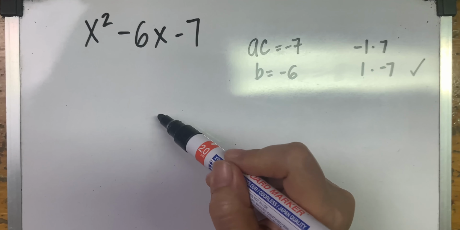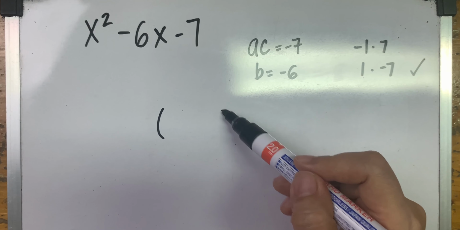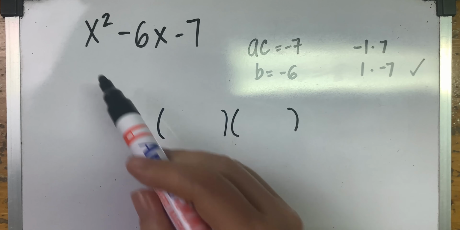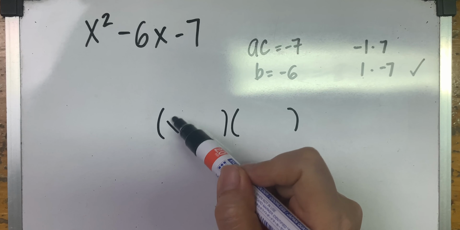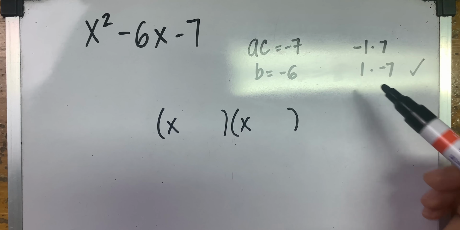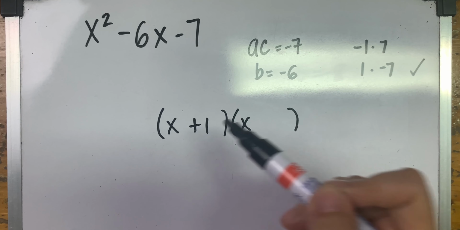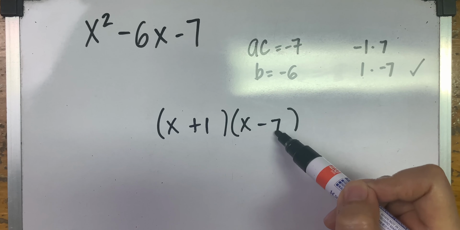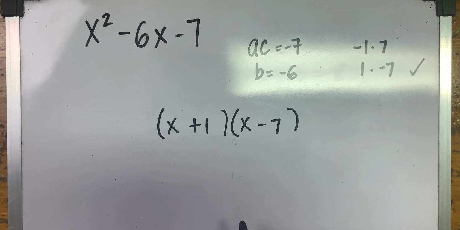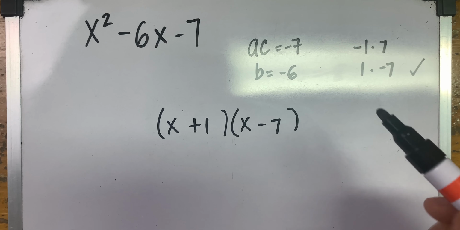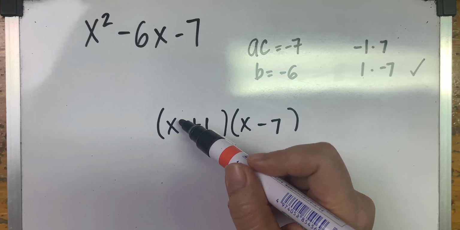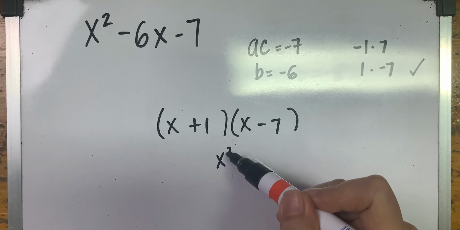So finding the factors, again, we have to put two parentheses and find the factors of x squared, which is x and x. And then we'll have to add positive 1 and negative 7. Again, to check if our answer is correct, we'll do the FOIL. So x times x is x squared.